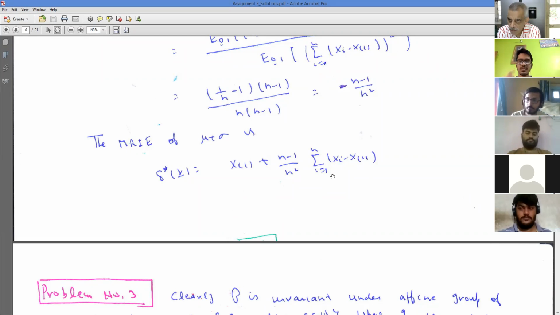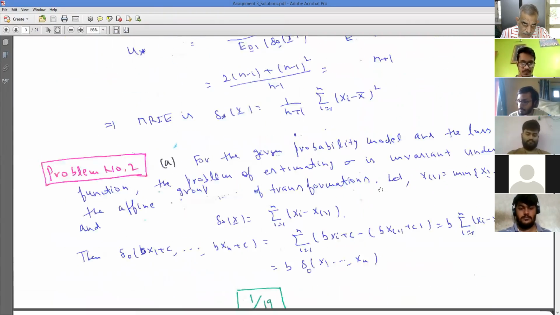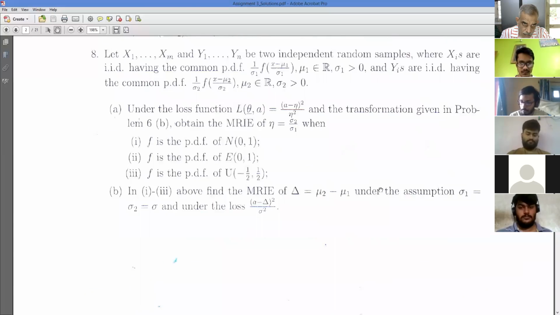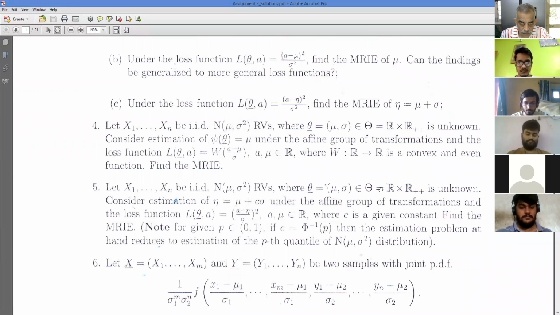Sir, can you explain solution 4? Solution 4, let me first see what the problem is. I think I did this in the class, no? Sir, in class it was for sigma square. No, mu also. If W0 is convex, then it is exactly the same, no?